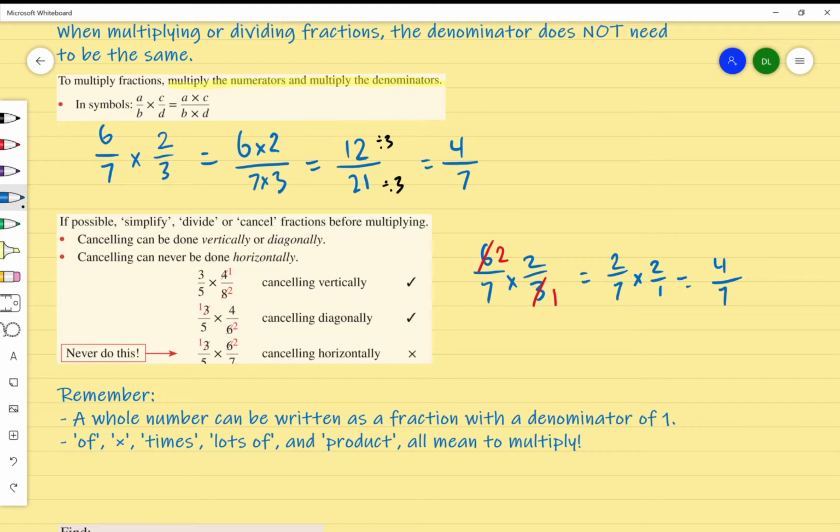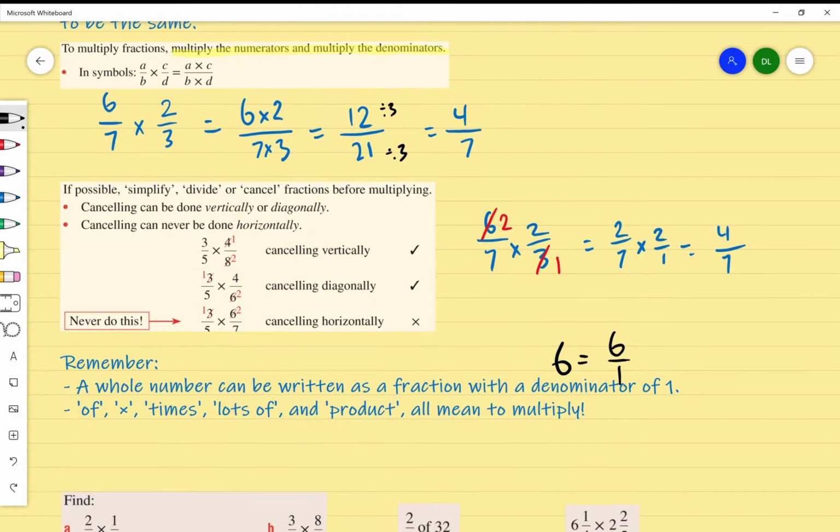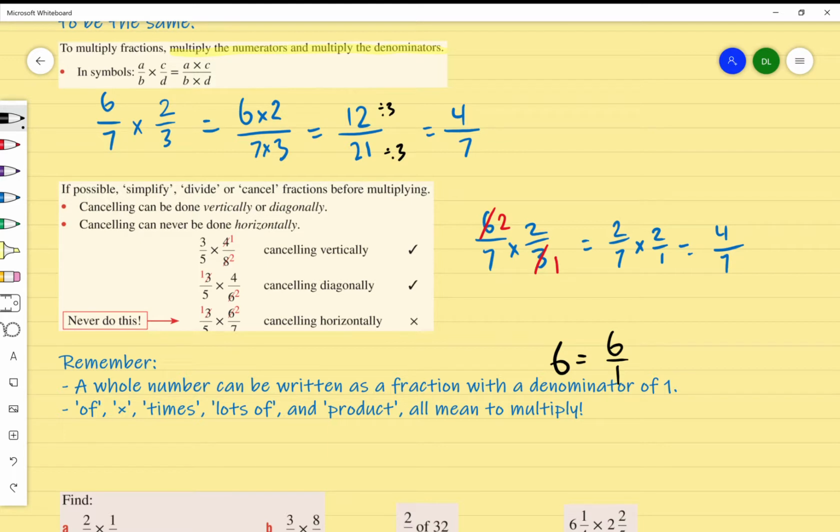The other two things that I do want to mention for multiplying fractions is remember that a whole number can be written as a fraction with the denominator of 1. Now that sounds like a bunch of words, but we can put this into practice. If I have 6, that is the same as if I write 6/1. For example, if I had $6 and I had to split it between one person, so myself, how much do I have? $6.